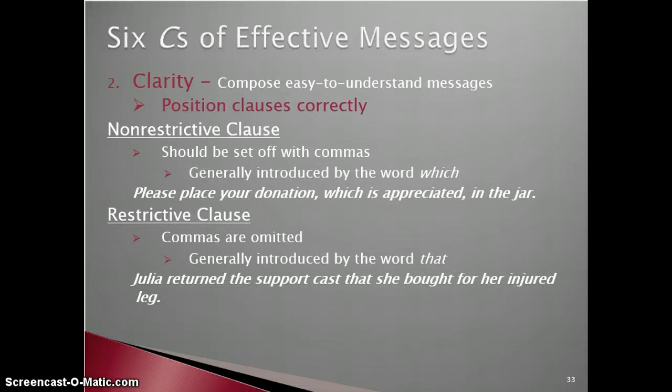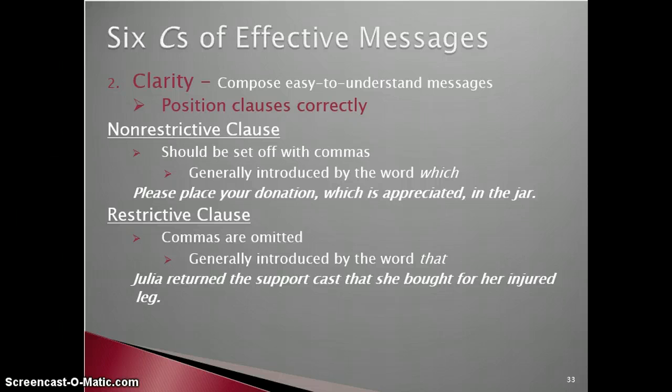A fifth way to incorporate clarity in the message is to position clauses correctly. A clause contains a subject and a verb, and is frequently introduced with the words which or that. A non-restrictive clause should be set off with commas.